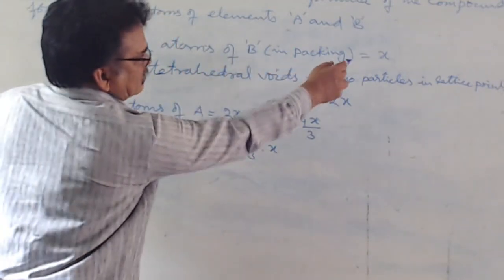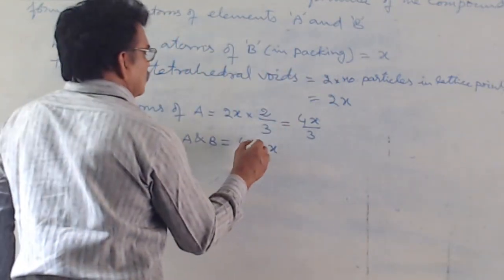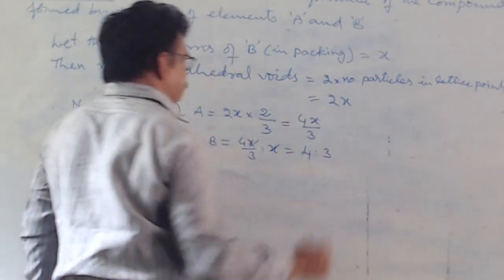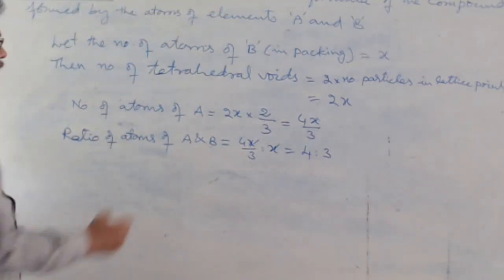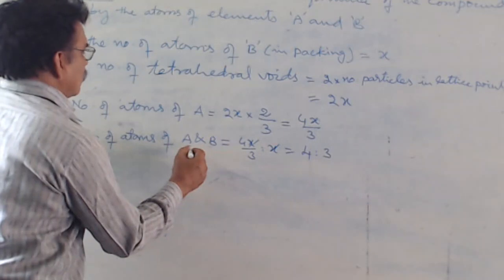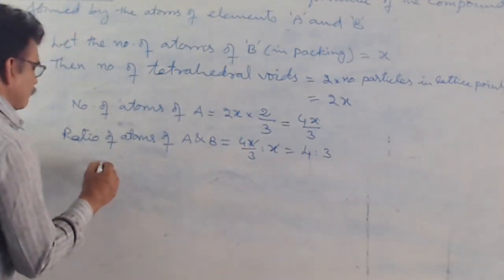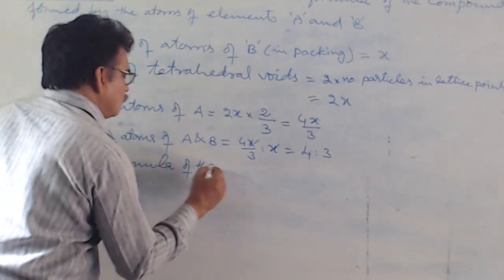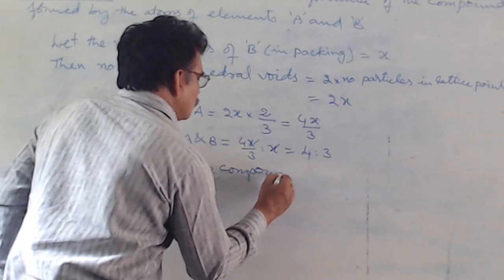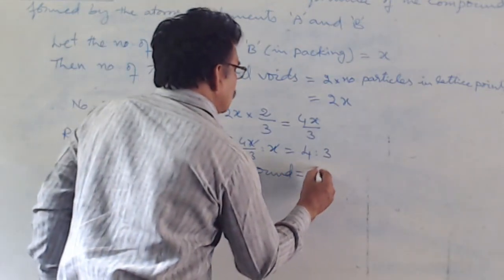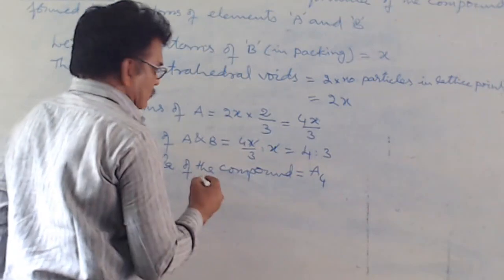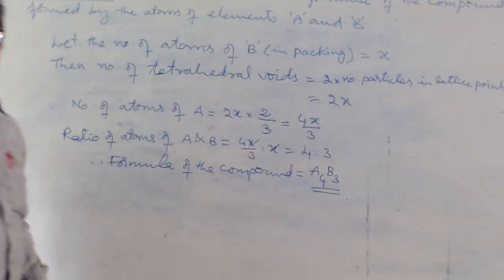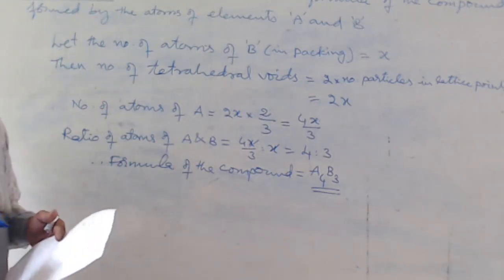The x cancels out. That becomes 4:3. As the ratio of atoms of A and B is 4:3, the formula of the compound is A4B3. So this is the formula of the compound formed by A atoms and B atoms.